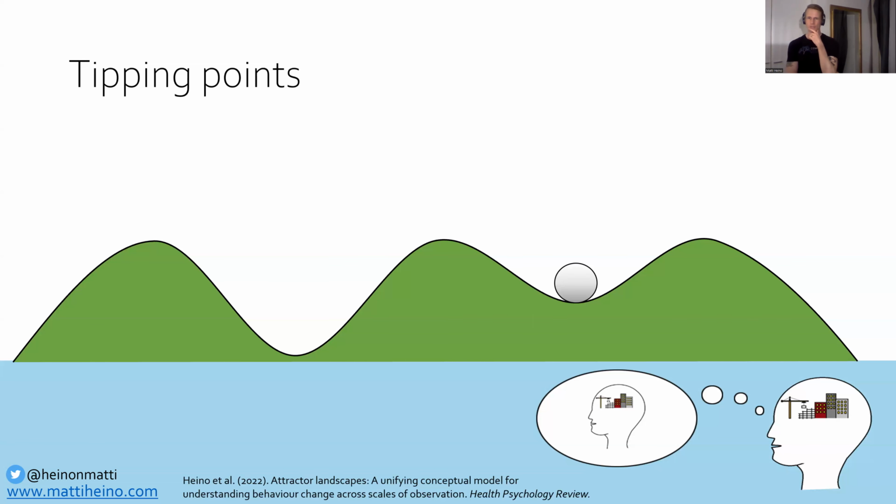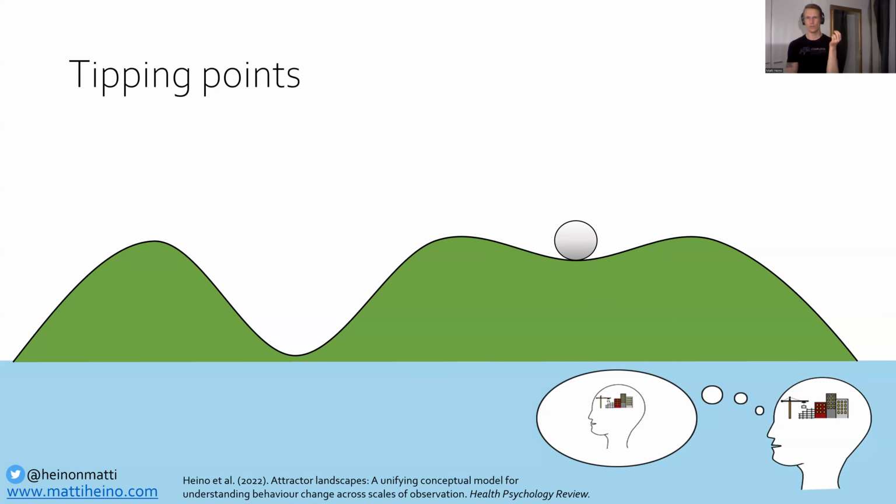Another point is that the attractor landscape in complex systems is a complex context. It's shifting constantly. It might shift slower or faster, and you might want to have an idea about how stable is the phenomenon that you're dealing with.